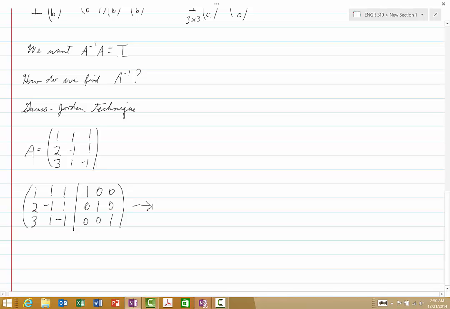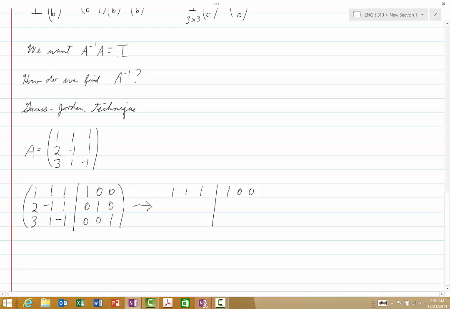Okay? Well, we're going to go through the first steps of Gaussian elimination in exactly the way we have before. So we'll write down this first row, 1, 1, 1, 1, 0, 0. And now here's our main diagonal, 1, negative 1, negative 1, and we have, as we've seen before, these three numbers below the main diagonal that are non-zero. So we want to zero those out. And we know that we can do that. We can get rid of this 2 by adding negative 2 times the first row to the second row.